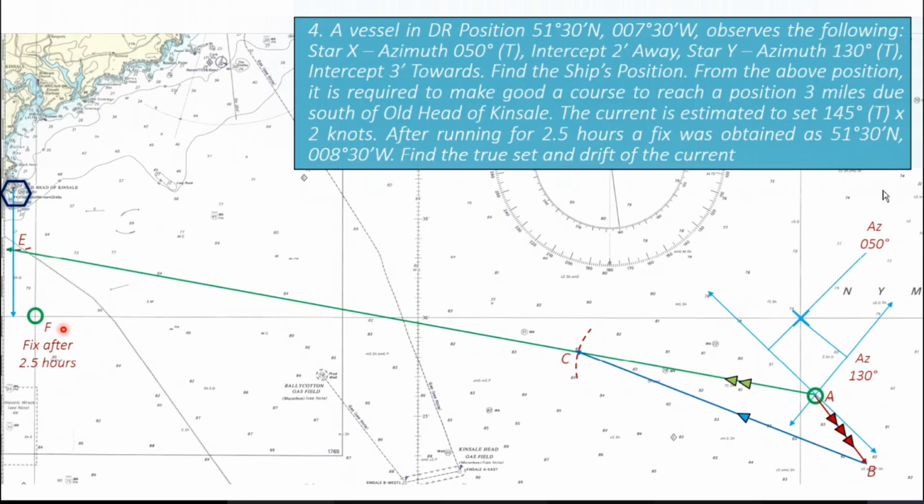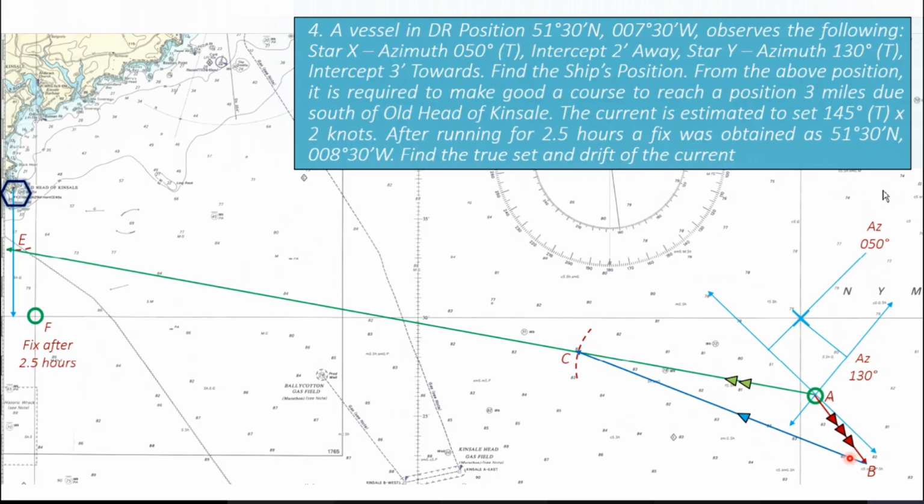Now, why has this happened? This has happened because the current which we estimated in the beginning was not the actual current. See, the estimation of current is done basically from either the routing charts or the information given in the sailing directions or the weather reports which we receive.